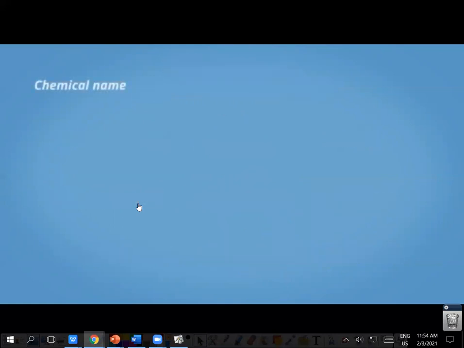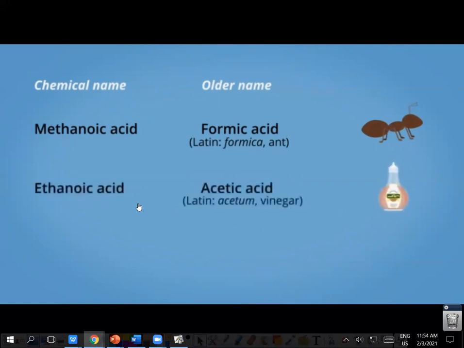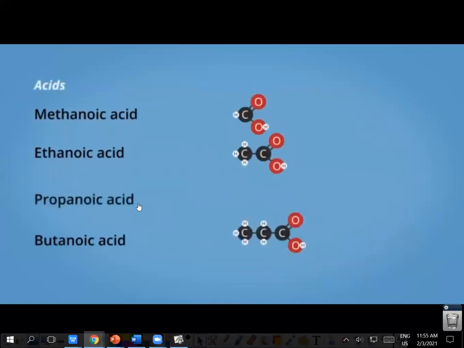Some of the acids also have older names that are still used. Ant venom contains methanoic acid, also known as formic acid. Vinegar contains ethanoic acid, also known as acetic acid. When butter is left at room temperature for too long, it starts forming foul-smelling butanoic or butyric acid.